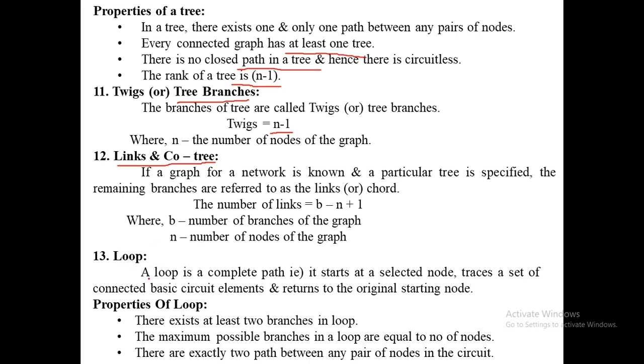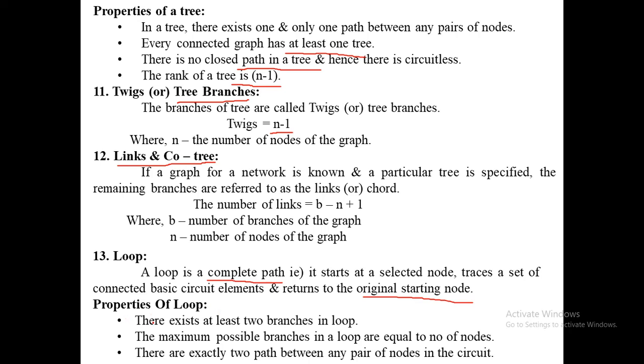Next, loop. A loop is a complete path. We know that a loop means a complete path. It should start at a selected node, trace a set of connected basic circuit elements and return to the original starting point. It should start at a particular node and also end at the same starting node.